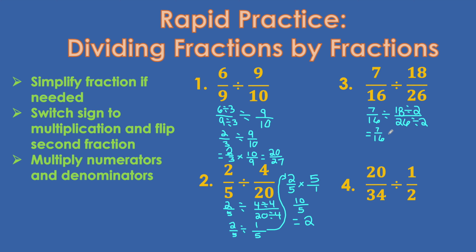So we have 7/16 divided by 18 divided by 2 is 9. 26 divided by 2 is 13.